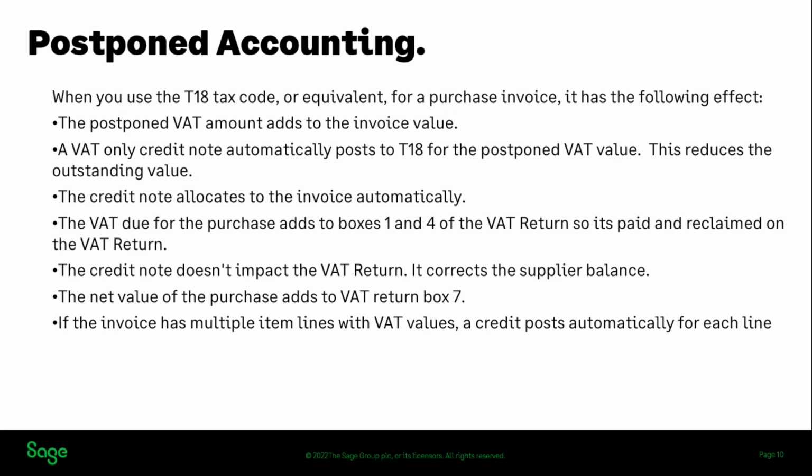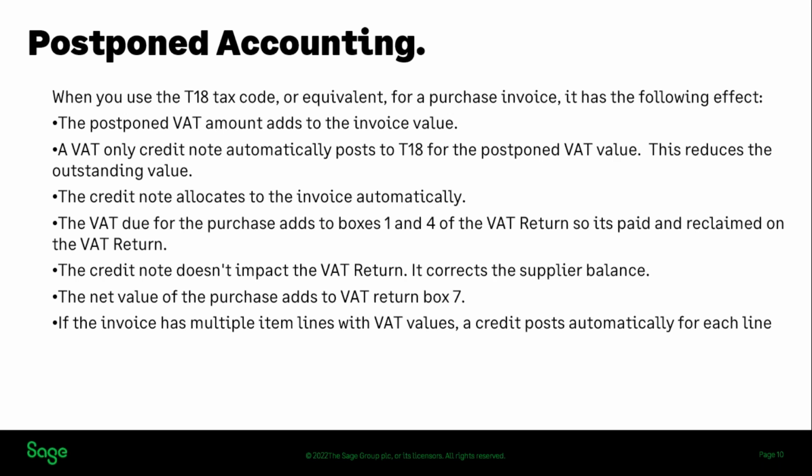So I just wanted to give you a bit more information about what this T18 tax code is going to do, because I think this is what causes a lot of confusion. Because like I say, this transaction appears from nowhere. So what it will do is it posts the VAT only credit note automatically. It's automatically created. You don't need to create it.